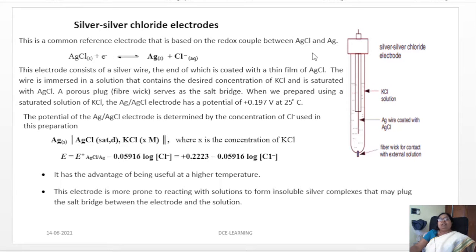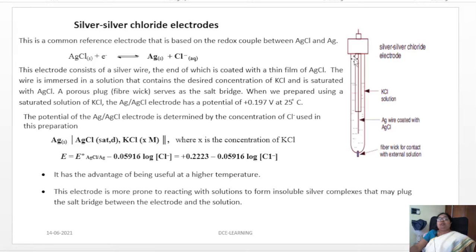Then we go for another reference electrode, that is the silver chloride electrode. This is also one of the reference electrodes we commonly use in the laboratory. If it acts as a reduction, then whatever AgCl is in it gets deposited as Ag at the respective cathode.